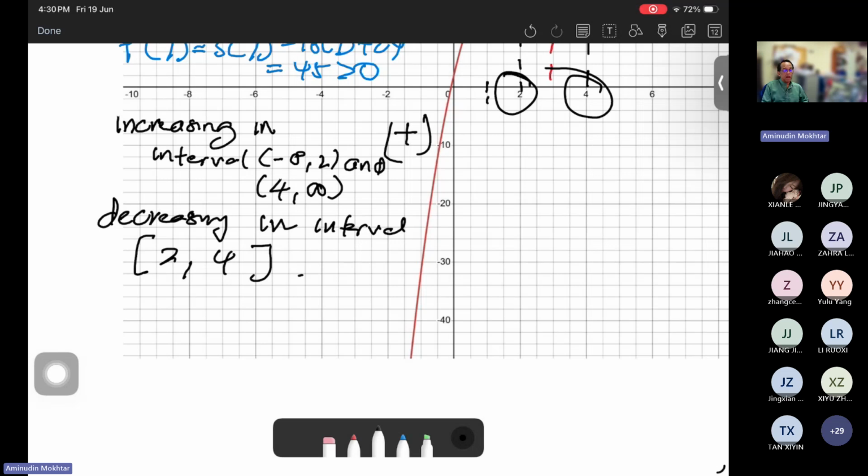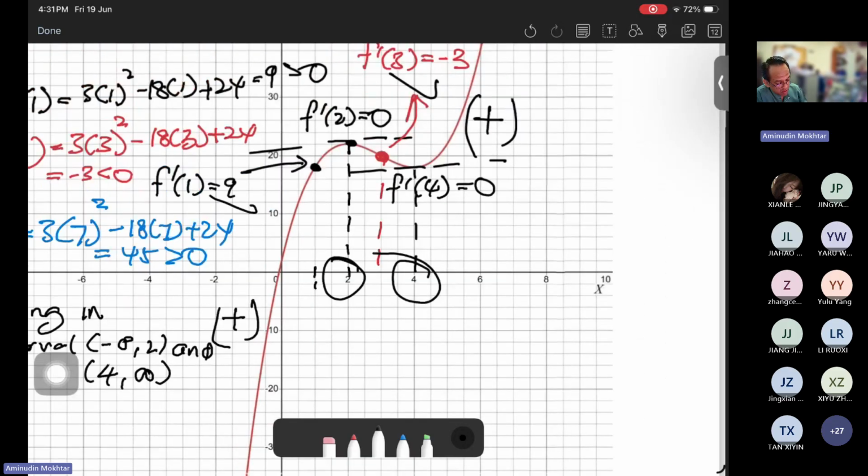For this function, it can be increasing or decreasing depending on the value of x. Before 2, the function is increasing. Between 2 and 4, the function is decreasing. After x equals 4, the function is increasing again. So that's how we can apply dy/dx in order to determine whether the function is decreasing or increasing. Okay, this is the first scenario.